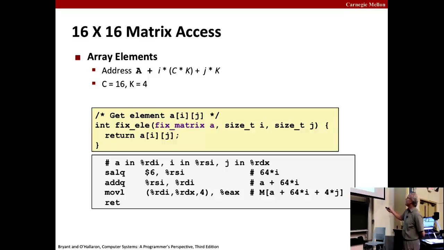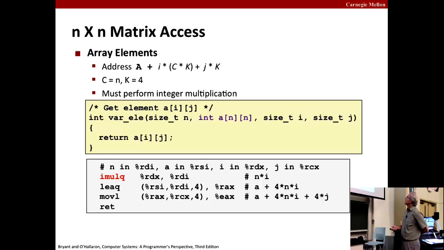And then I'll scale rdx, that's j, by 4 and add it to this array, and then do a memory reference there. So in the end, the three instructions have done the appropriate scaling of i and j, added them to the beginning address of A, and done the computation.